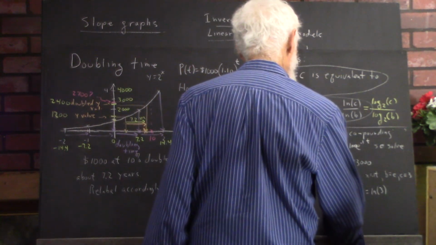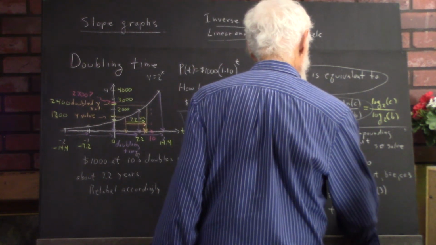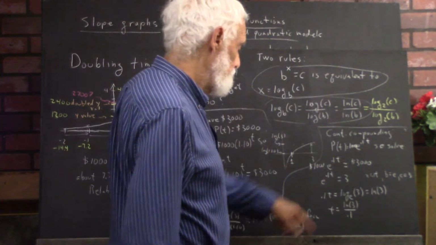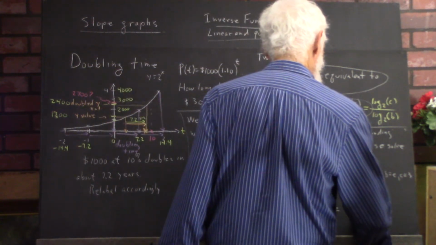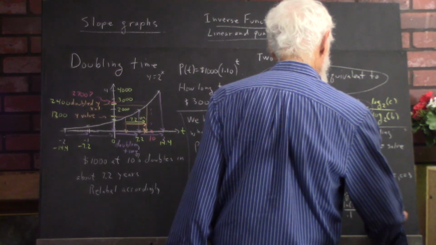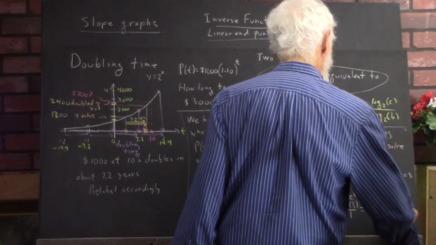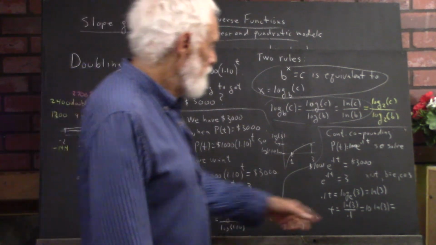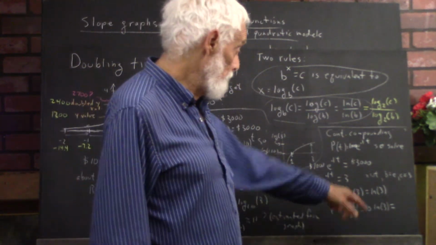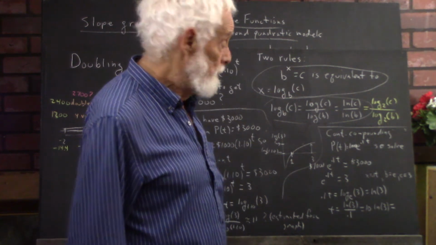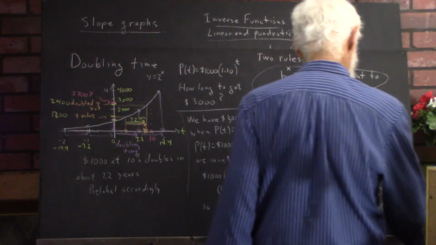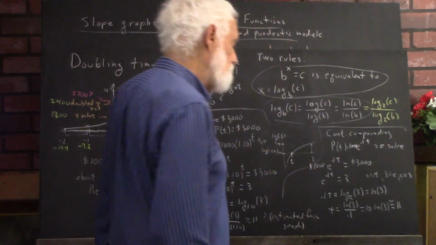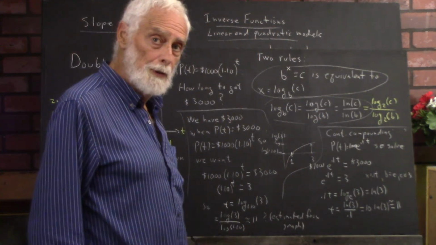So t is the natural log of 3 divided by 0.1, and that is 10 times the natural log of 3, which you get by plugging natural log of 3 into your calculator and multiplying by 10. Okay, and that's going to be 11 or 12. So I'll say that's approximately equal to 11, just the same as this was.